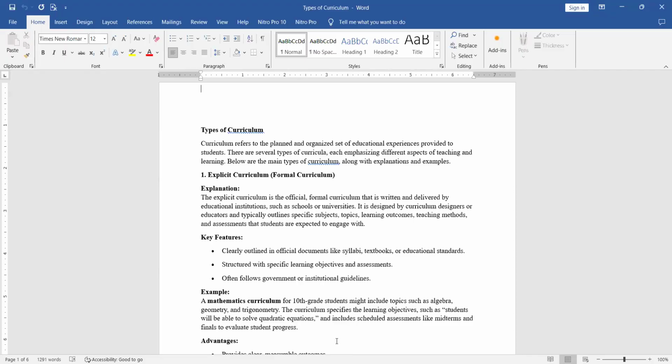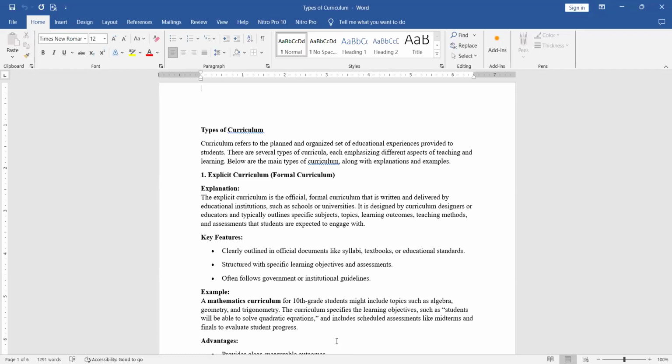Normally, this explicit formal curriculum is designed by curriculum developers, educators, right? Normally they outline specific subjects, topics, learning outcomes, teaching methods, and assessments that students are expected to engage with.